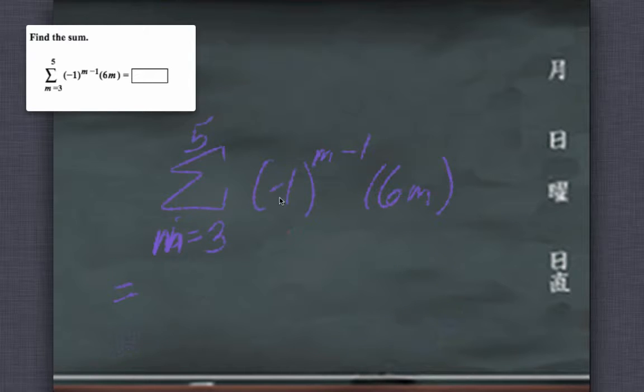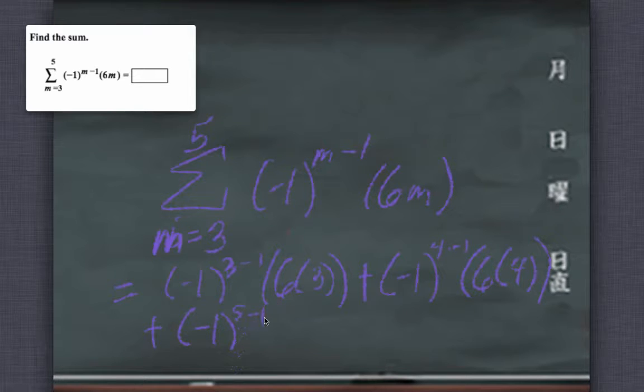So this is (-1)^(3-1) times 6 times 3, plus (-1)^(4-1) times 6 times 4, plus (-1)^(5-1) times 6 times 5, equals.